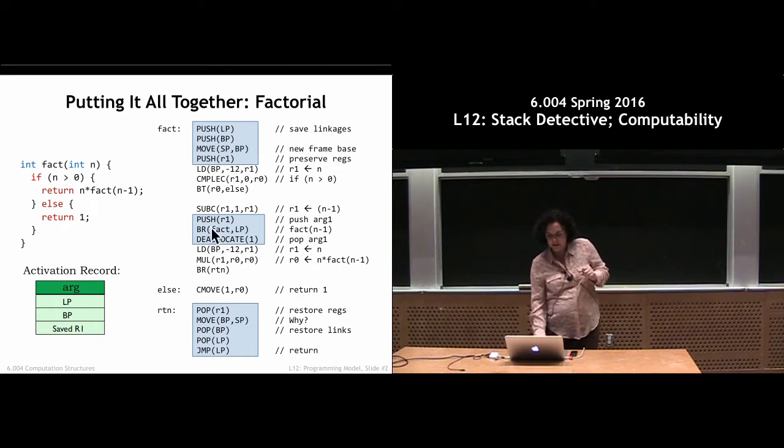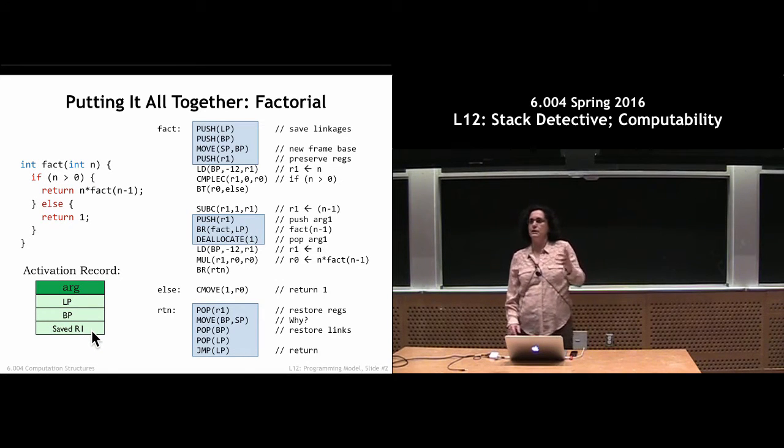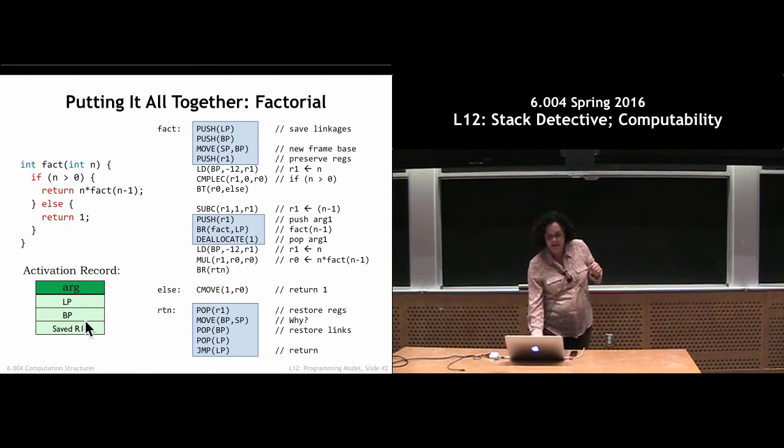So in this particular example, we have our argument, which was pushed on by whoever called the factorial program. And then we put onto our stack our linkage pointer, our base pointer, and our saved R1 register. Every time we call factorial recursively, we're going to put another activation record with these 4 elements onto our stack.